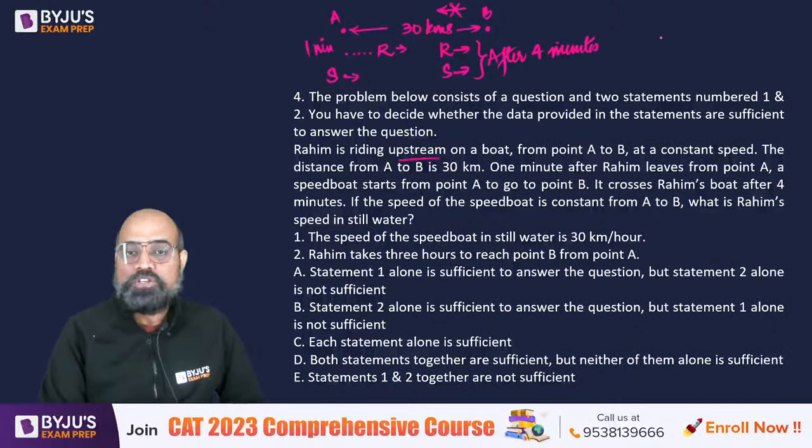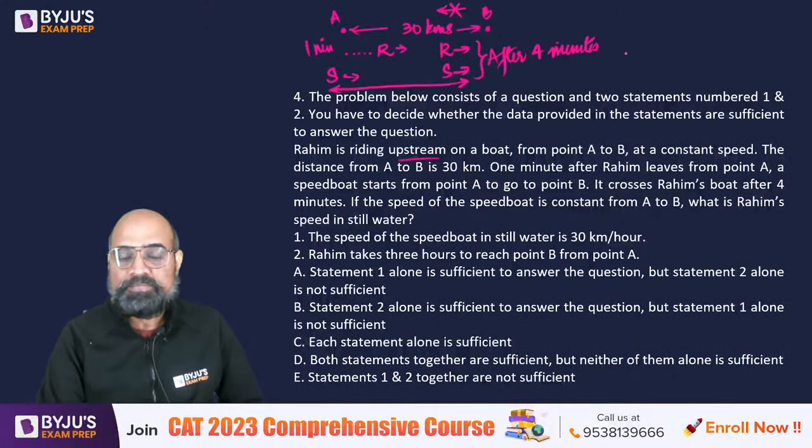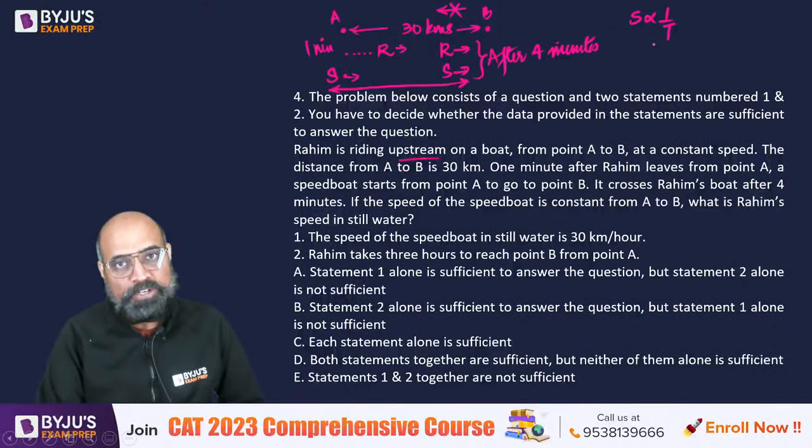Okay. So can we say that if you look at the distance covered by Rahim and this speedboat, the distance is the same? If the distance is the same, we know that speed is inversely proportional to the time taken by that body.